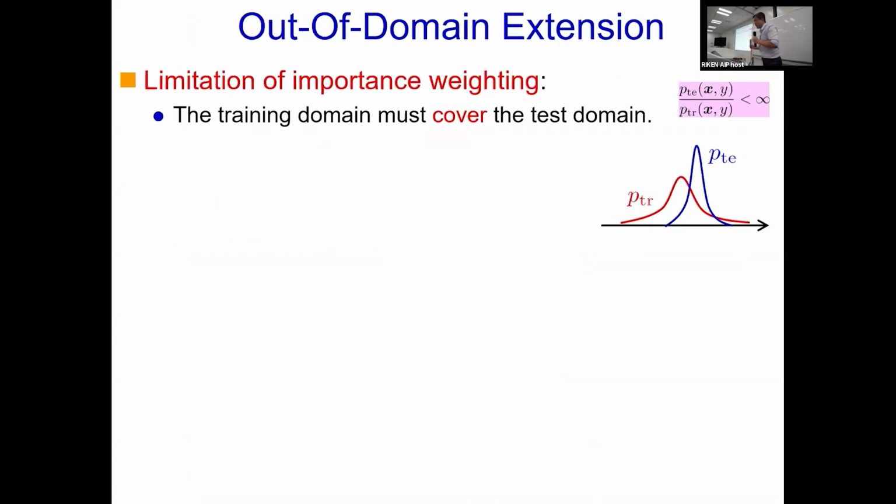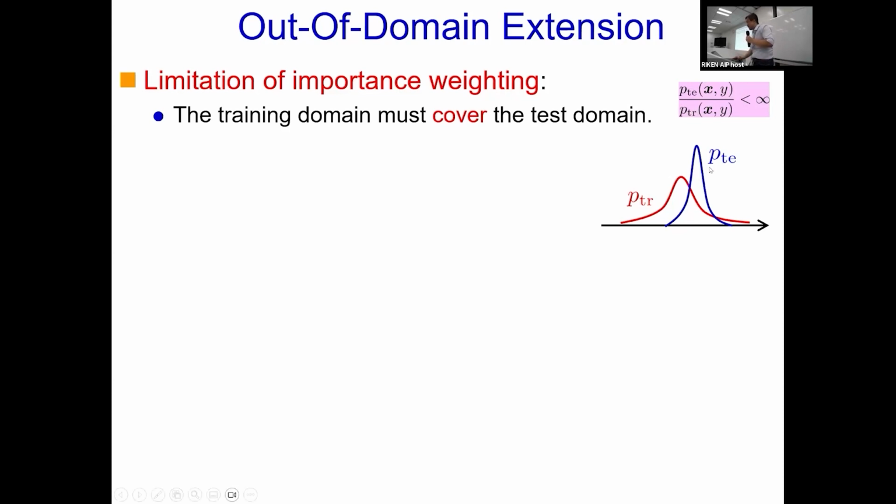Then last year, we tried to extend this method to the out of domain problem. Because the clear limitation of the importance weighting approach is that the training domain must cover the test domain. Because we use this quantity, PTE over PTR, the PTR shouldn't be 0.